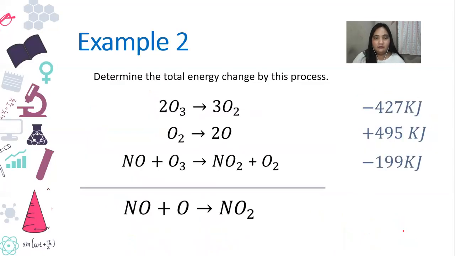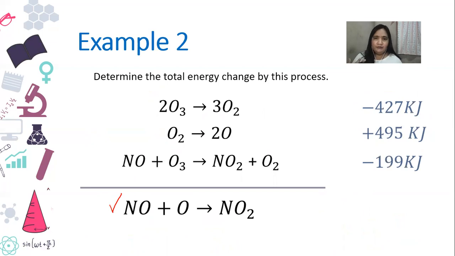Okay, let's have another example. Let's increase the difficulty a notch. So this is a three reaction process yielding this. So our target would be to get this. I'm not going to read them. All we have to do is understand what positions they will be getting.